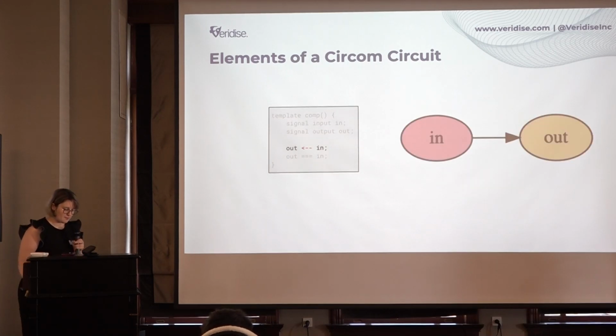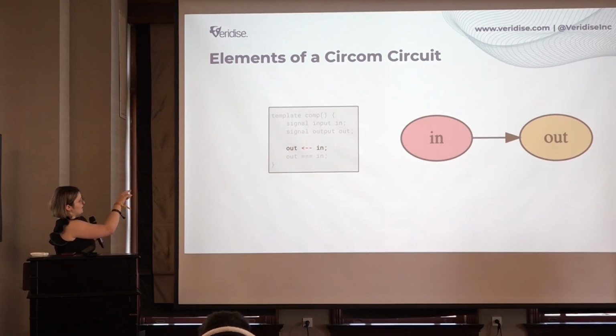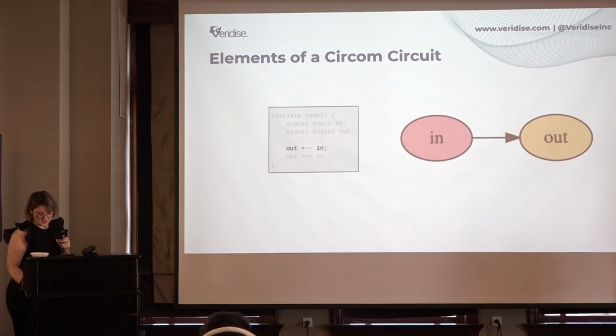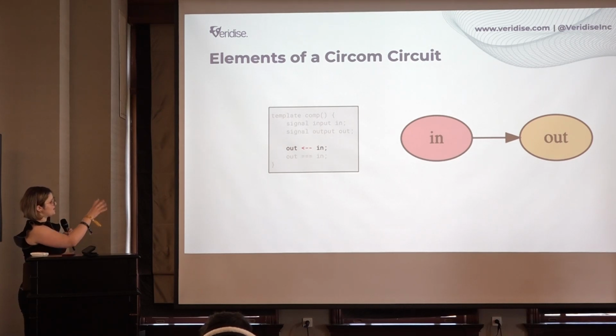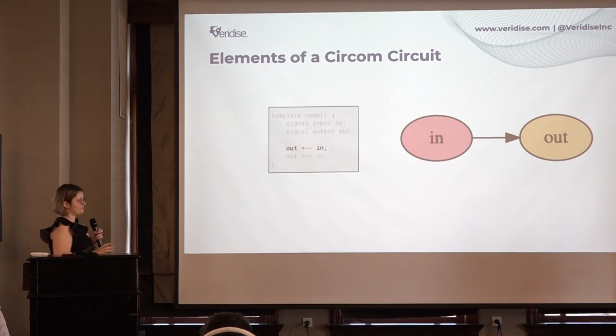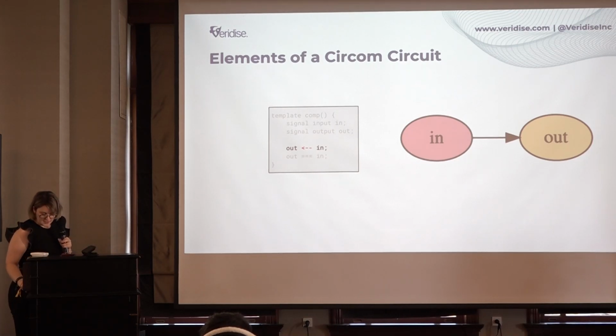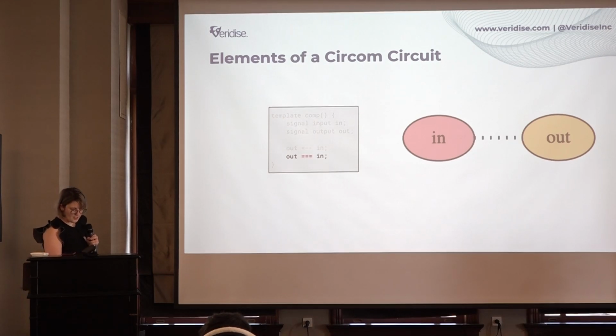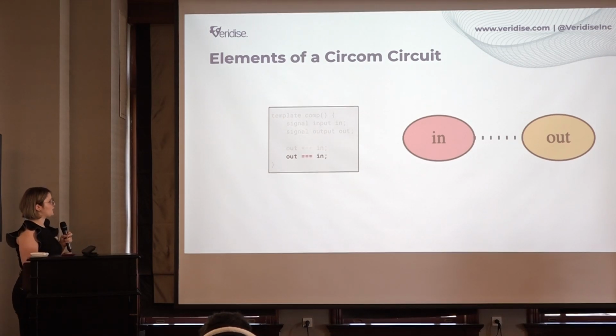So we can basically encode this assignment between the input and the output with this arrow, and this means that the input signal participates in the output signal. All right, and the next one is this equality check operator, and we denote the relationship between in and out with this dotted line.